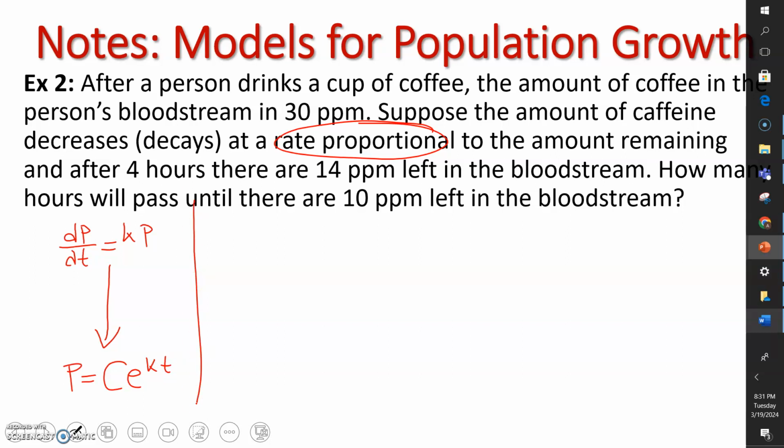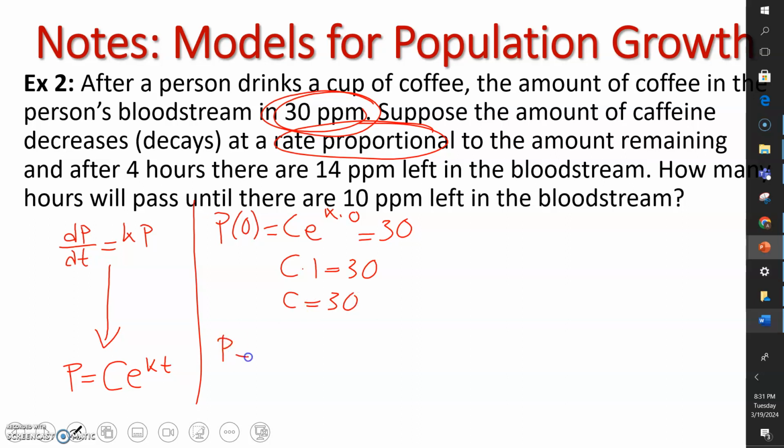We know then our initial caffeine to start is 30 ppm. So we know that P of 0 is equal to C e to the k times 0, which is 30. That is C times 1 is 30, or the initial constant is 30.